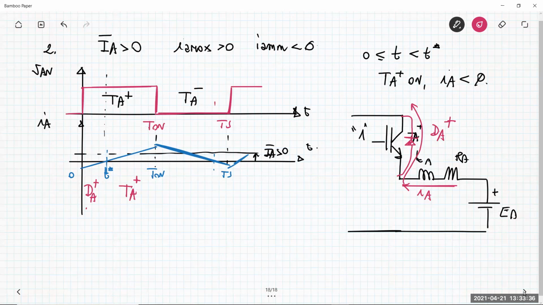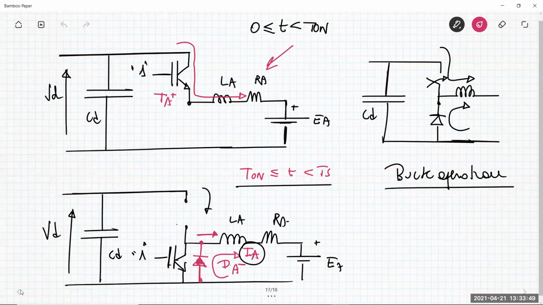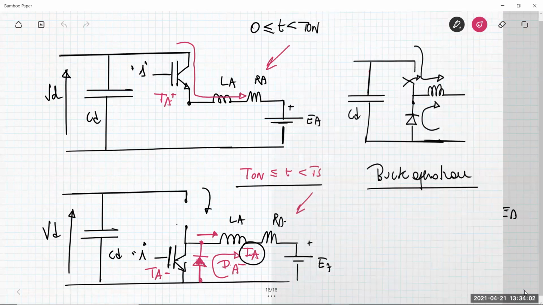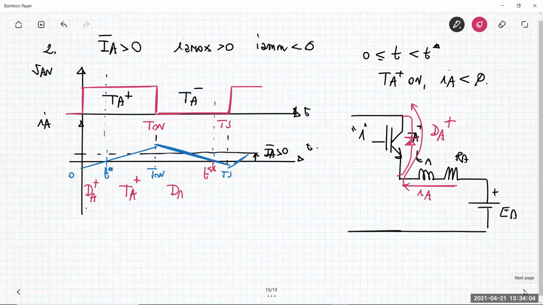What about the situation that lasts from T on to T double star? TA minus is on and the current is positive. So the situation is exactly the one I have here: the diode DA minus conducts the current, the same situation that I explained before.